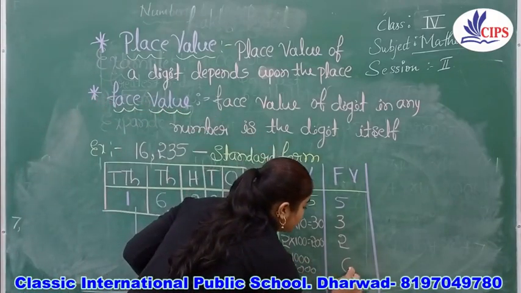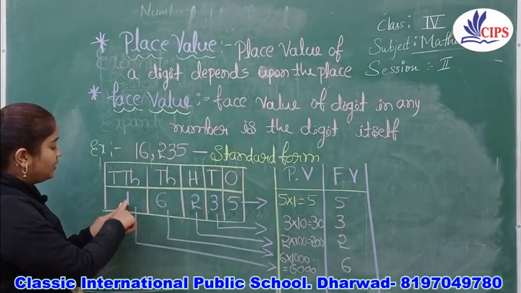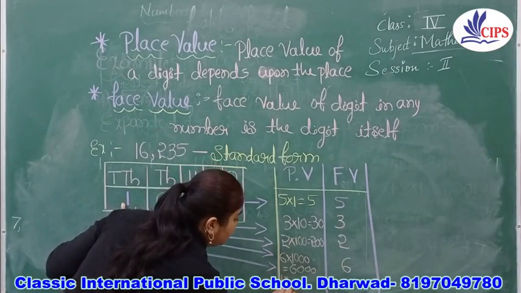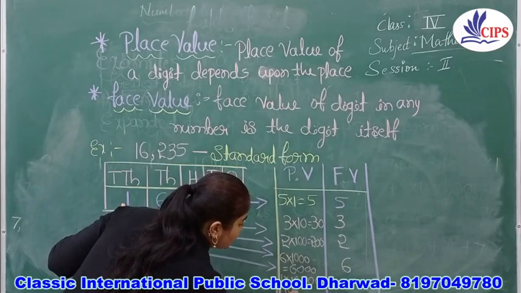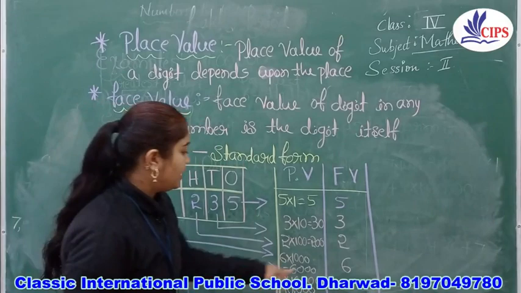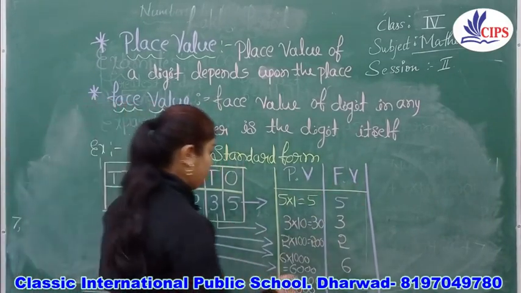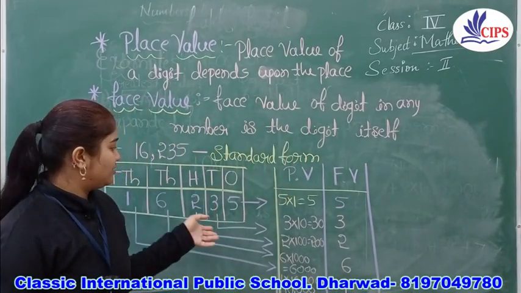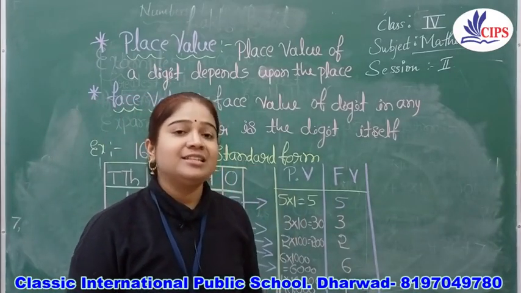Next, the place value of 1: it is in the 10,000 place, so we multiply 1 into 10,000 and get 10,000. The face value of this 1 is 1 only. So it's very simple, place value and face value. It's very easy.